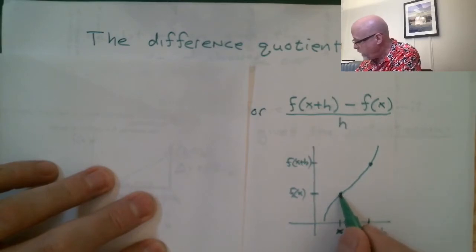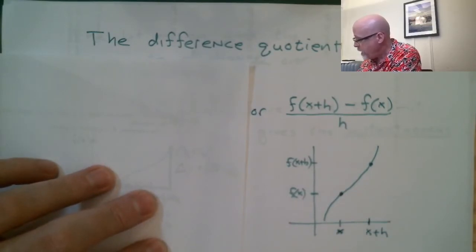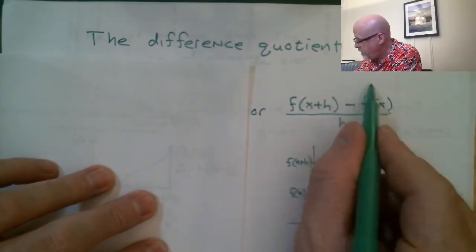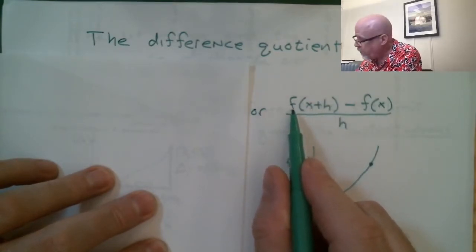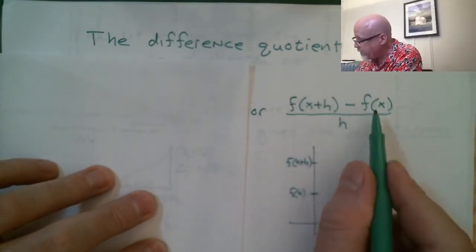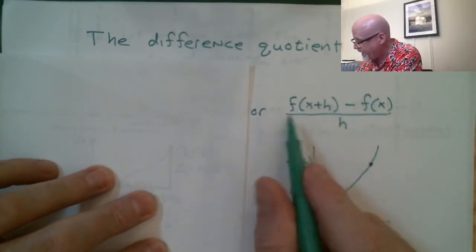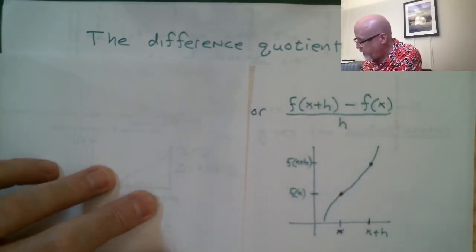So it's as if the a became x, and the b became x plus h. In this version of the difference quotient, the function evaluated at x plus h minus the function evaluated at x is in the top, and simply h in the bottom.